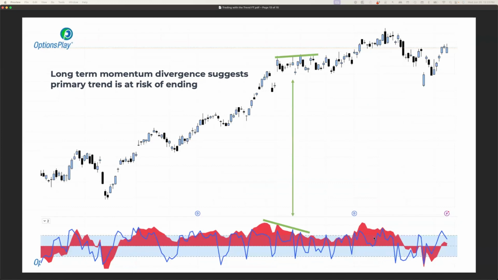Okay. And then lastly, how long do you follow this trend for? Can you follow this trend indefinitely? The answer is there are some signals that you can look for that tell you about the overall bullish trend. So here we said that this is when the bullish trend starts.